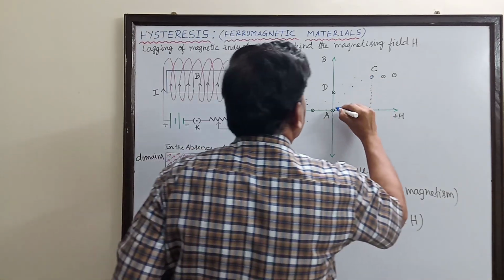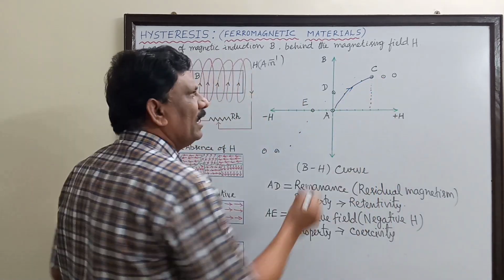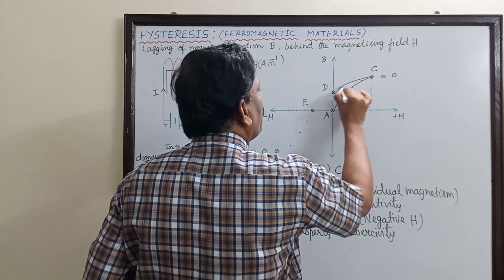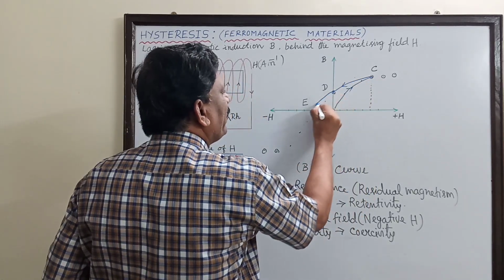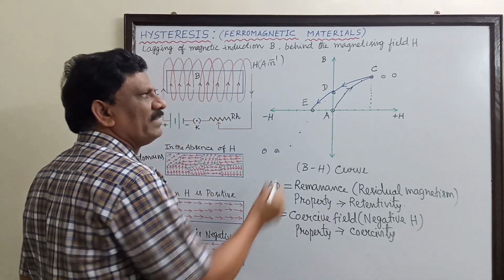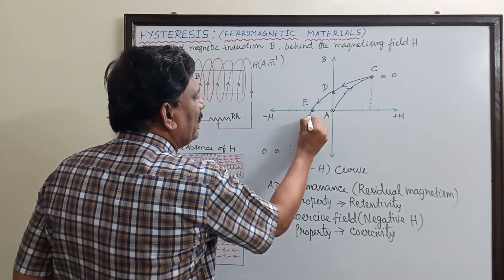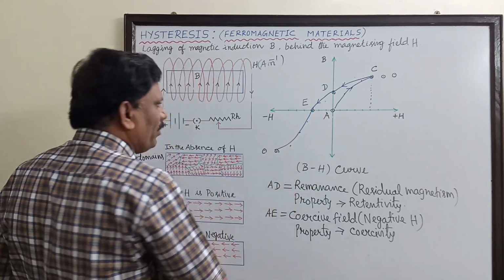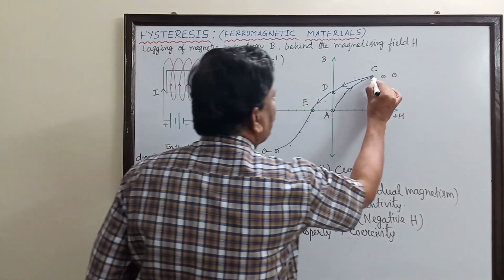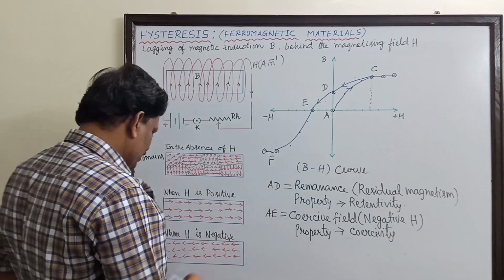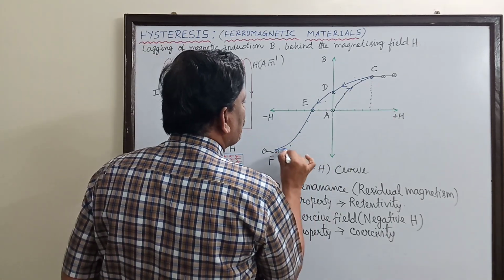You see here, first the graph was going from A towards C in this direction. And now it is brought along the direction D to C. Then by applying a negative magnetizing field, the portion of the graph is tracing from D to E. Then after that, it is coming to another point F. So E to F, where here saturation is attained in the negative direction also. Then after that, once again it will be similar to this, okay, like this.